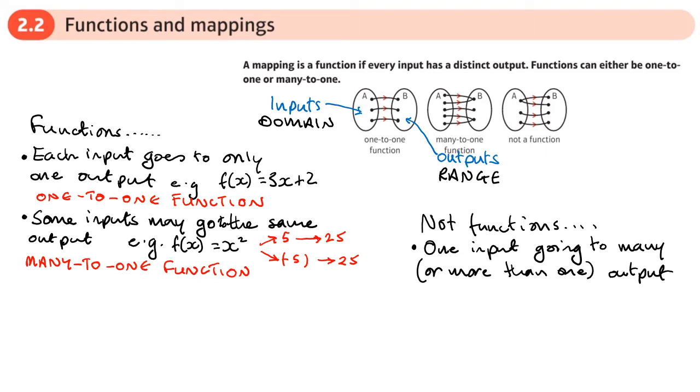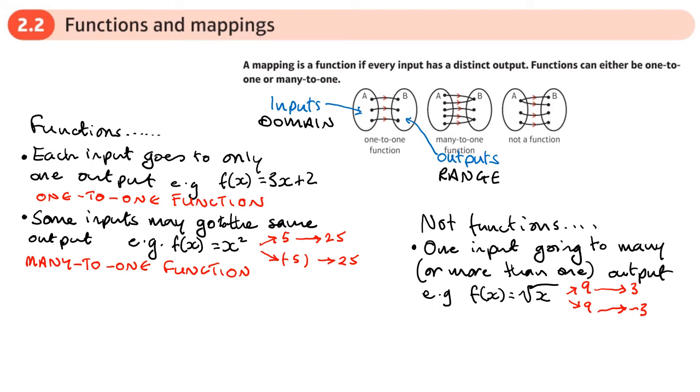For example, if our function was the square root of x, then an input of, let's say, 9. You put 9 in. Well, 9 could go to 3, or it could go to -3.